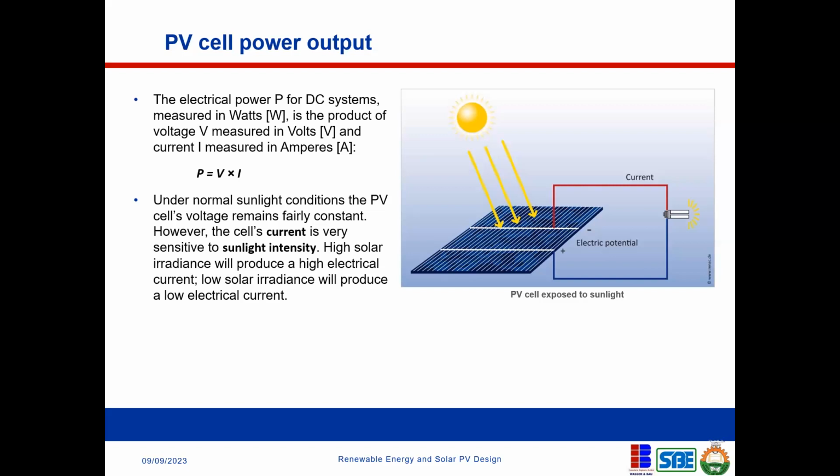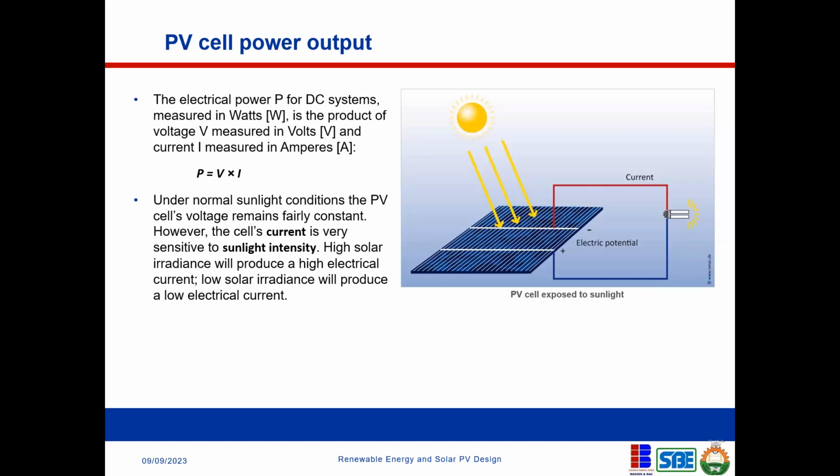Current changes with the intensity of the sun, but the voltage remains fairly constant throughout the period. So that is about voltage. Current is what actually changes. Under normal sunlight conditions, the PV cell's voltage remains fairly constant. However, the cell's current is very sensitive to sunlight intensity.